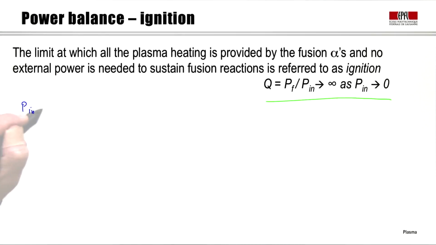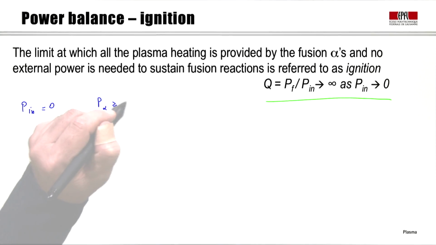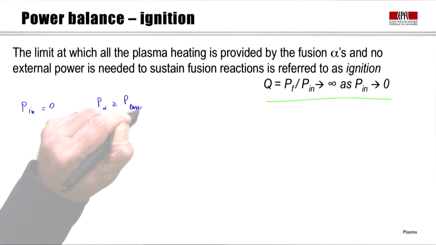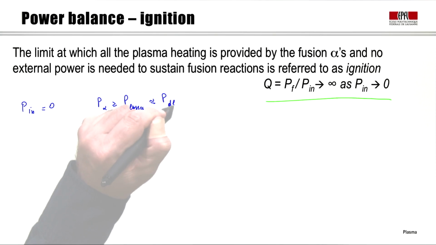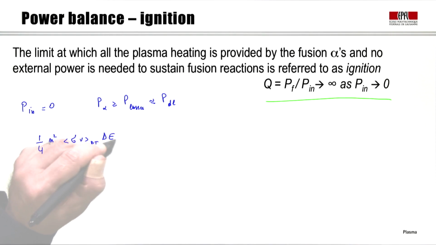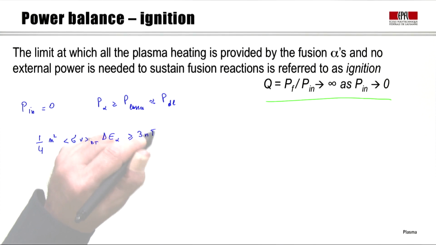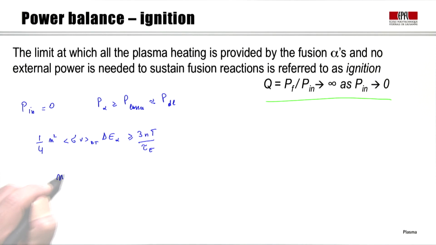So we have P in equals 0. That means that P alpha must be larger than the losses, which, as we said, can be represented only by the direct loss term, as we can neglect Bremsstrahlung. So we can write the expression for P alpha and impose that it be larger than the direct losses, which are given by 3nT divided by the confinement time.